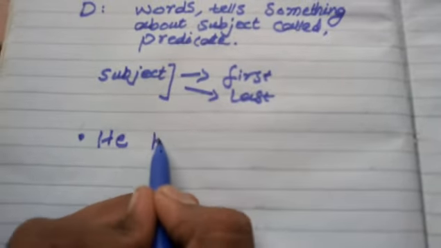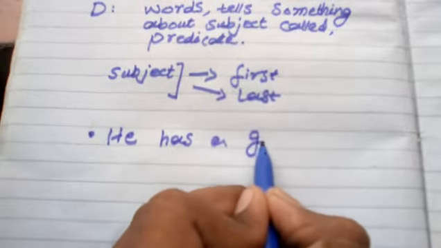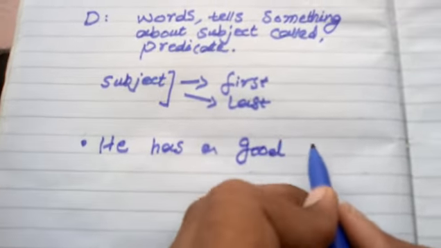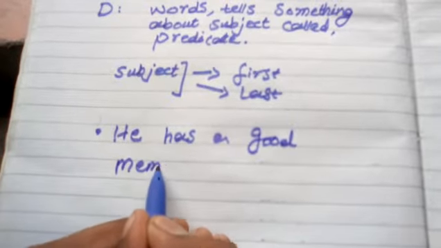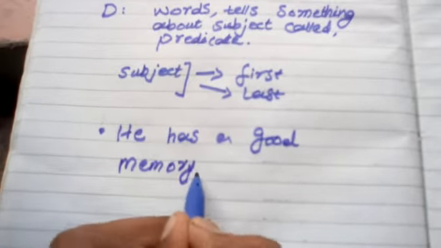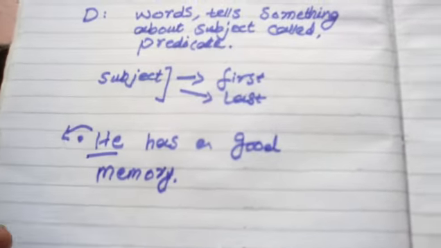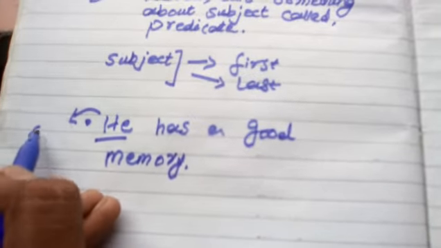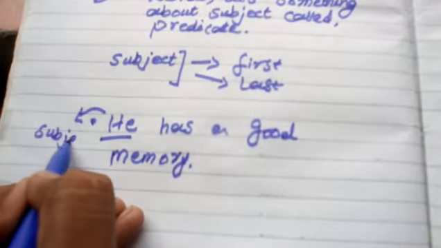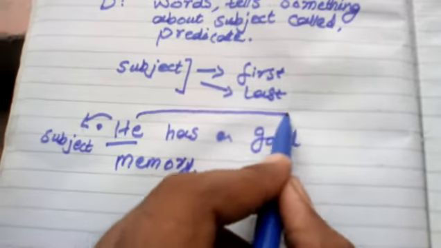I can say, he has a good memory. Here, as you can see and already know, he is the subject. Here it came first.